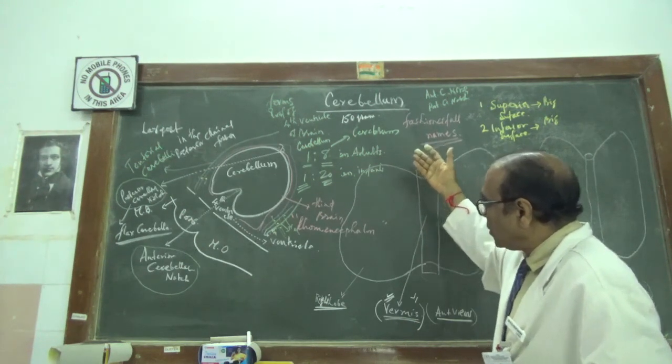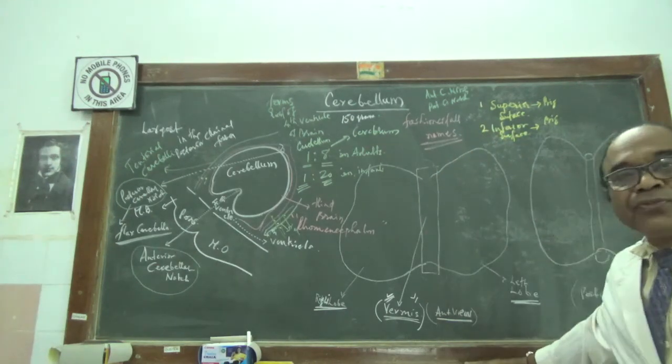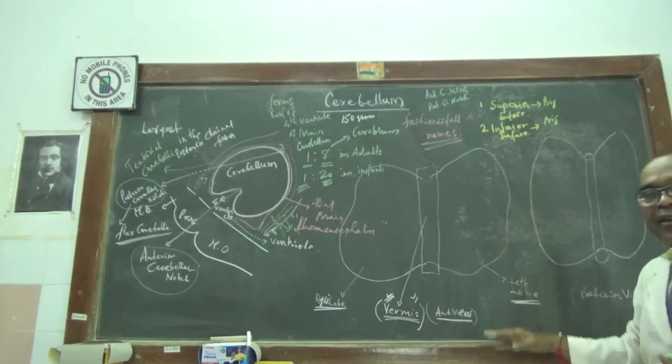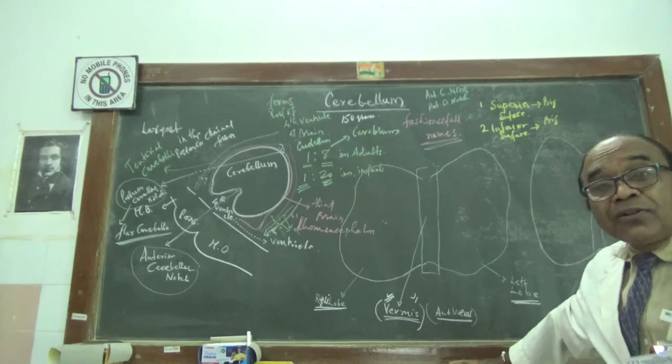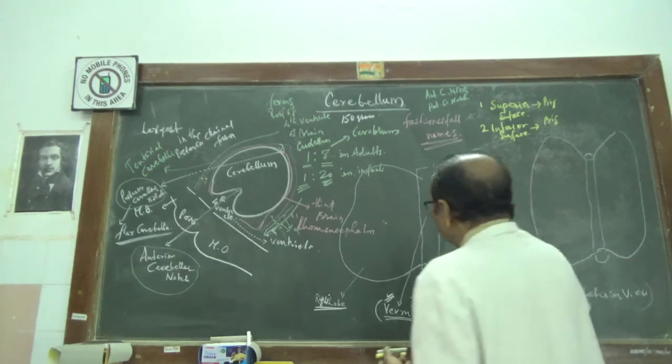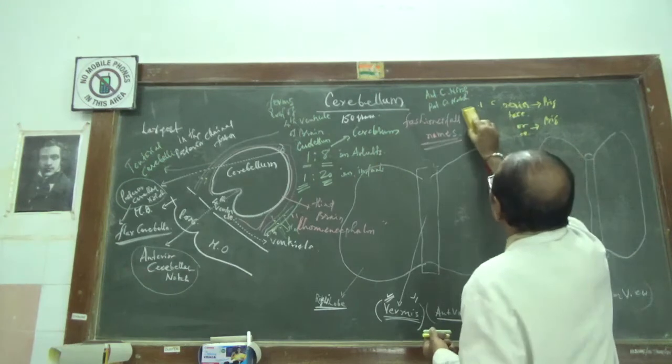Comparatively it is smaller than the superior and inferior surfaces of the lobes. It also has the elevated parts of the grey matter and the fissures.